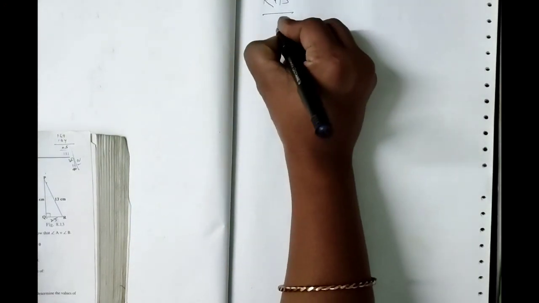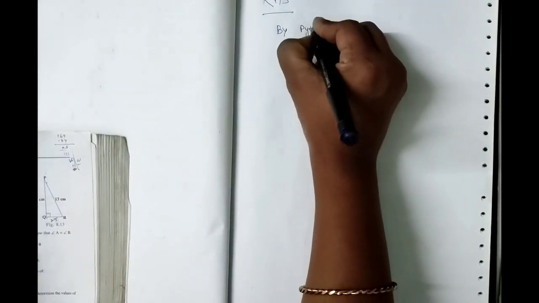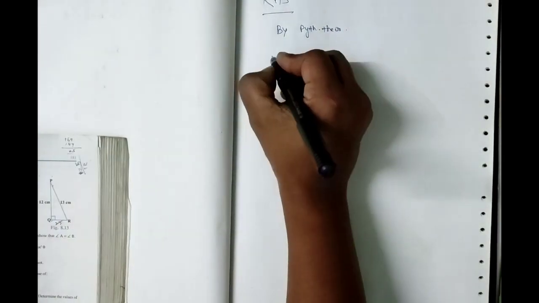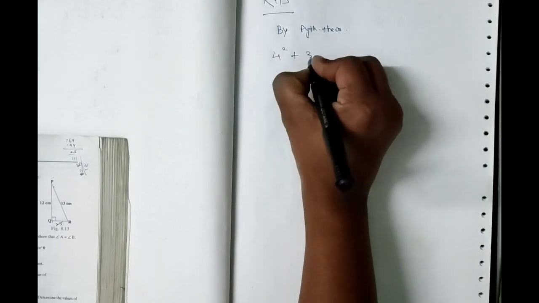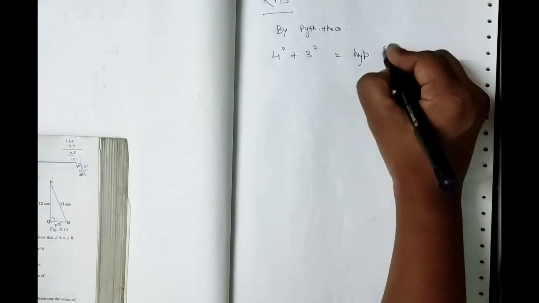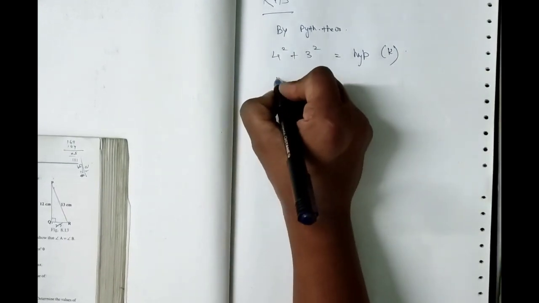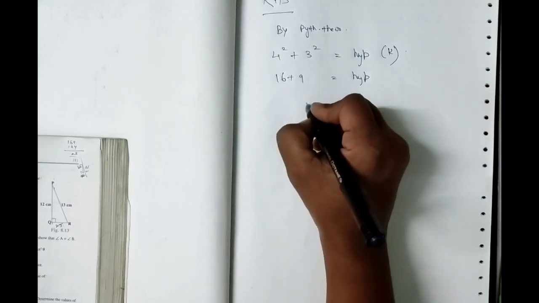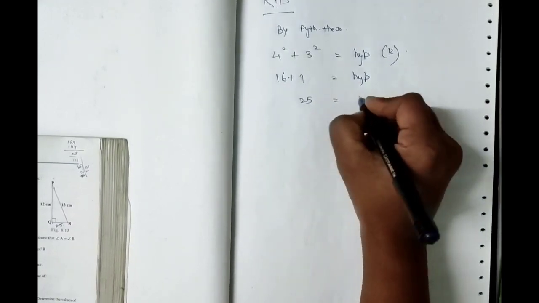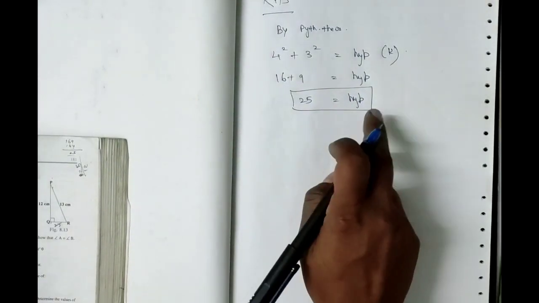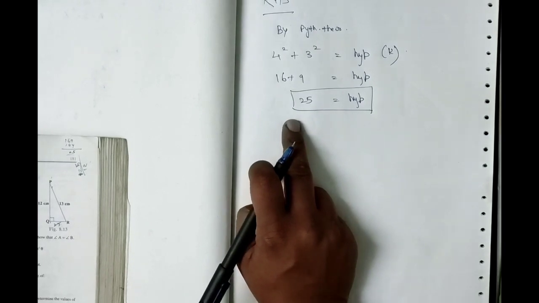So by Pythagoras theorem, what we have, 4 and 3, we have two values. So 4 square plus 3 square is equal to the hypotenuse for some integer k. So this is 16 plus 9, which is 25. Okay, so hypotenuse is going to be 25.